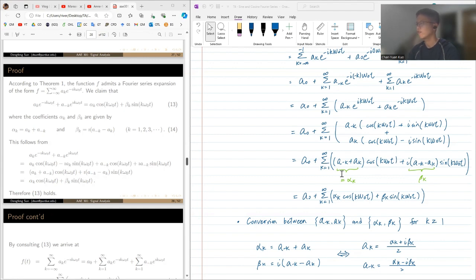So by comparing the coefficients, we see that a negative k plus a_k is actually equal to alpha k, and i times a negative k minus a_k is actually beta k. Now we see how these two representations are related to each other.